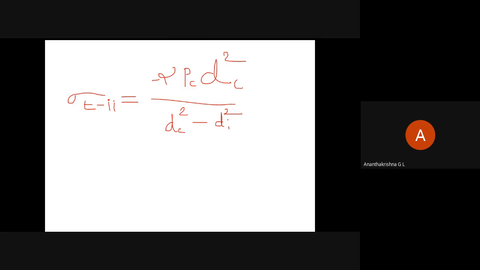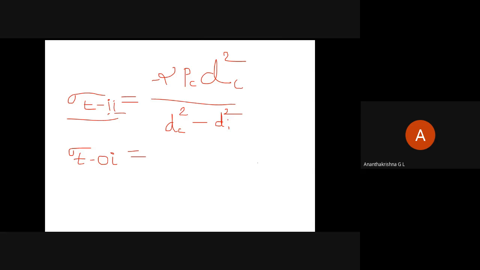Could you get this equation? Yes, sir. This indicates that it is the tangential stress at inner surface of inner cylinder, given by equation 7.35. Next we have tangential stress, sigma T, at outer surface of inner cylinder. Please check.